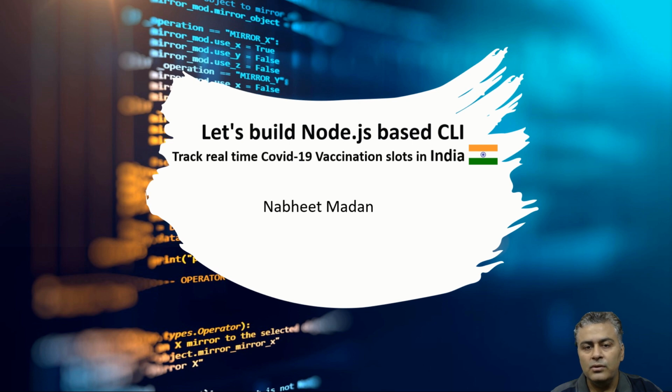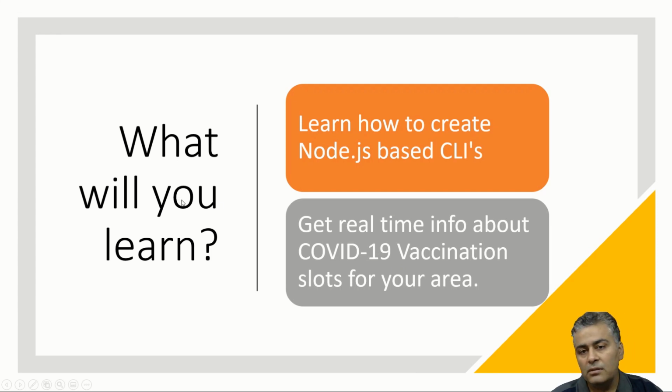So in this course, we will learn how to create a Node.js based CLI from the beginning, and while doing that, we'll actually make an app which is pretty useful. Moving on, what you will learn is how to create the CLI.